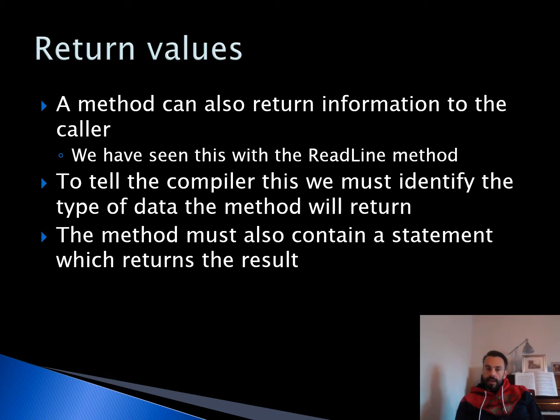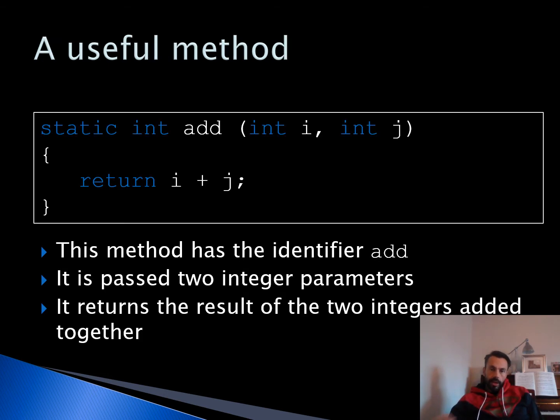So to tell the compiler this, we must identify the type of data the method will return. And the method must also contain a statement which returns the result. So here we have this. This is a useful method, not really silly, so great. The method identifier is add, okay? So here it is.